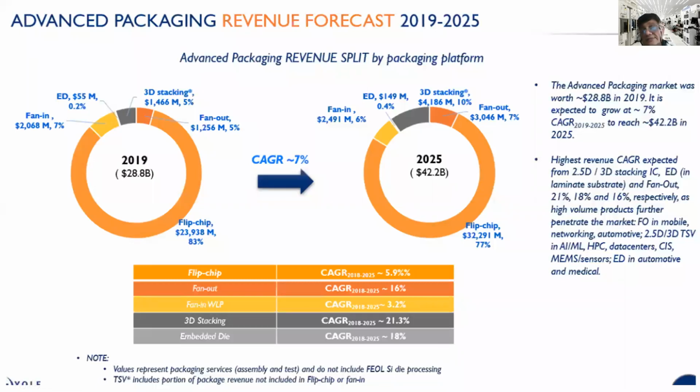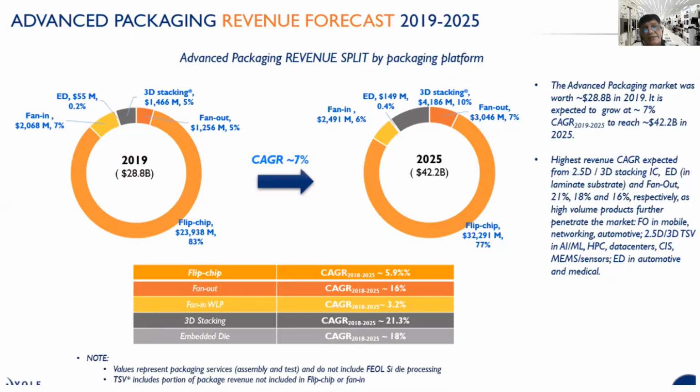But this is the size of the market. Just about a couple of years back, when somebody had asked me, it was very simple. The size of the ATMP market was $50 billion. Roughly, the size of the advanced packaging was around $25.5 billion, and the size of the easier, the wire bond and the basic packaging, was around $24.5 billion.